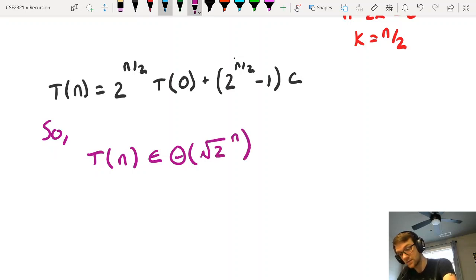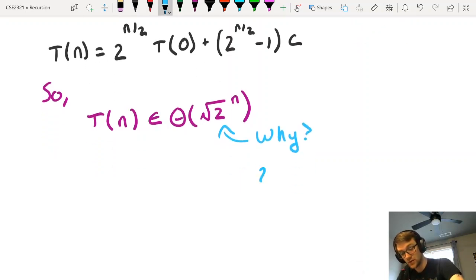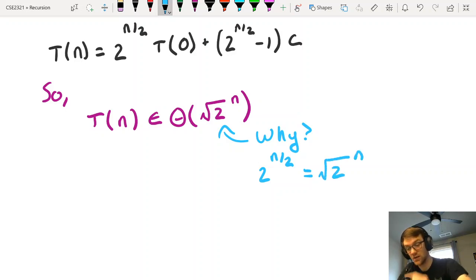Why? Well, that's because 2 to the n over 2 is equal to radical 2 to the n. The 1/2 in the exponent appears as a radical. So the complexity here is radical 2 to the n.